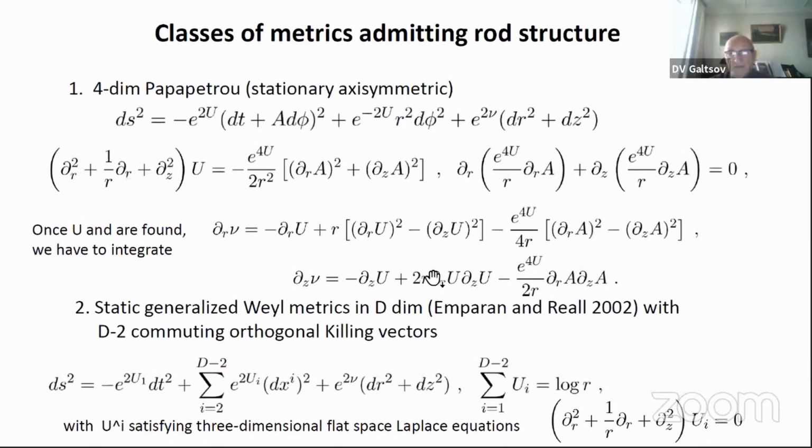So these are the equations for those functions. Another case is the metric in d dimensions with d minus 2 commuting orthogonal Killing vectors. This is a typical construction which occurred in five dimensions, for instance, when analyzing the solutions known as black rings.